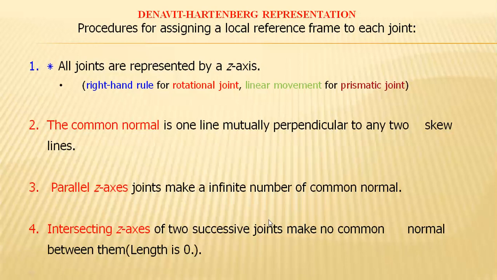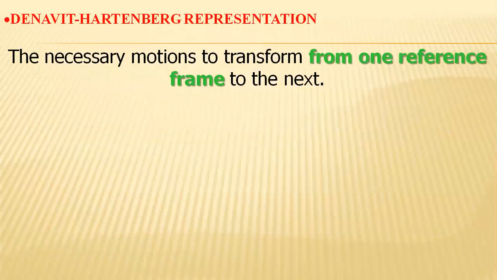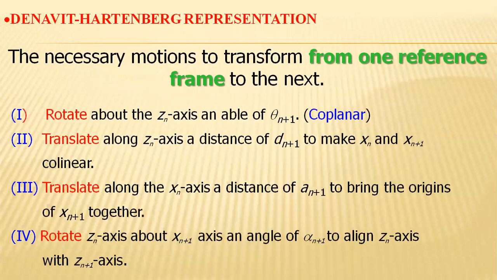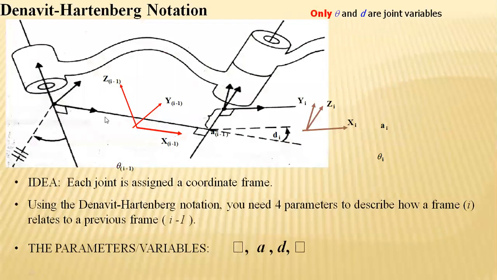Hence, parallel z-axis joints make an infinite number of common normals. An intersection of z-axis with two successive joints makes no common normal between its lengths. If you haven't seen it diagrammatically, we'll have a detailed look here. See this similar diagram, same diagram. The orientation has taken place.